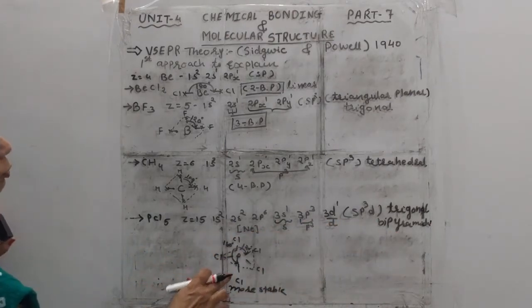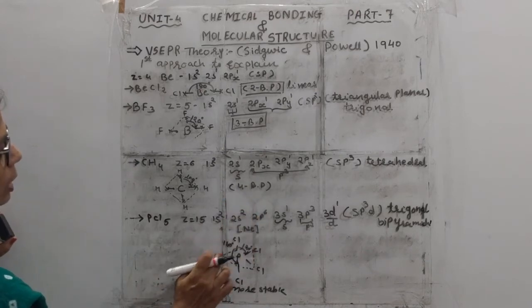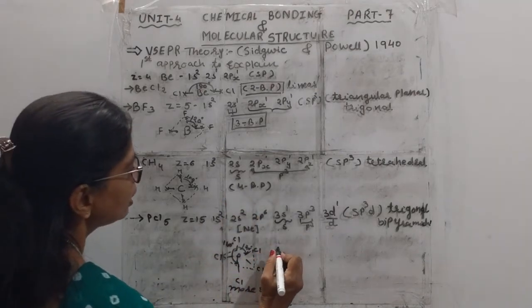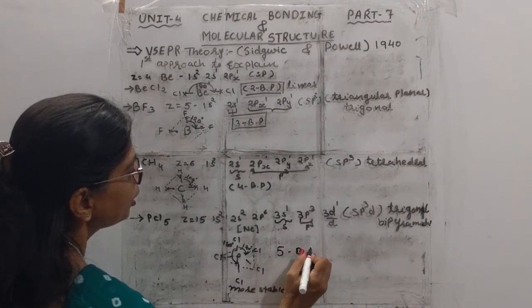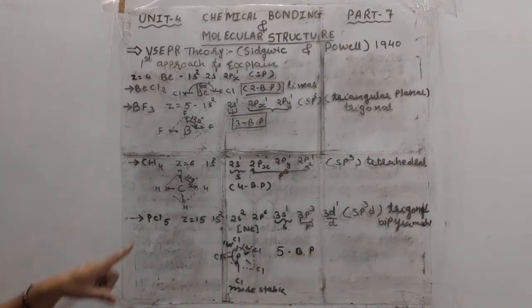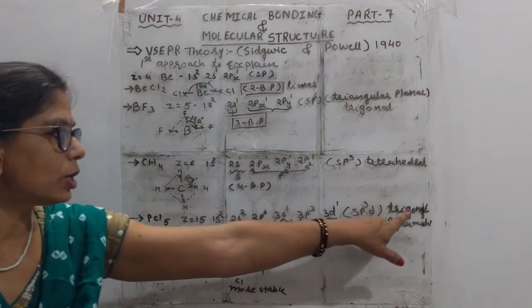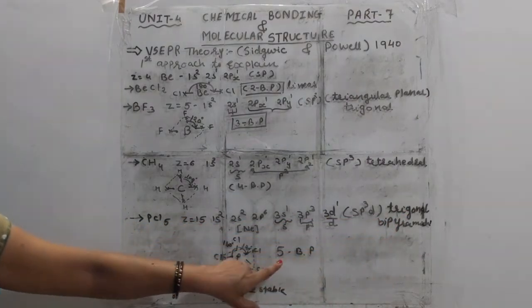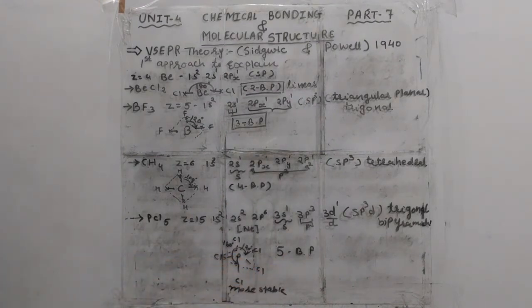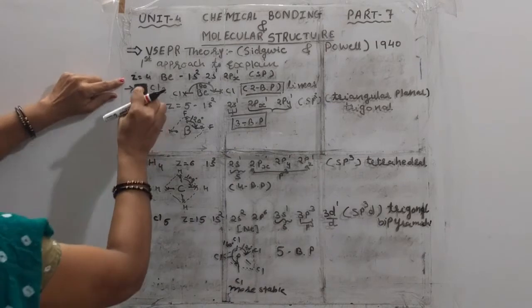And how many bond pairs are there, students? 1, 2, 3, 4 and 5. Here the 5 bond pairs. So PCl5 is sp3d, trigonal bipyramidal with 5 bond pairs. Other than PCl5, you have another example, that is PF5, which you can also draw for your practice.